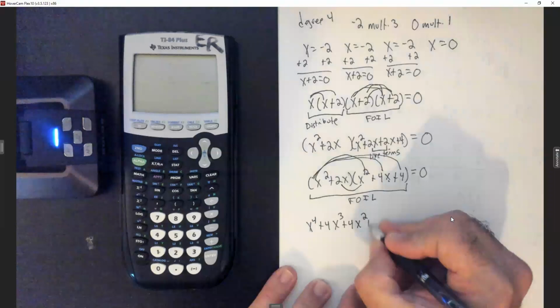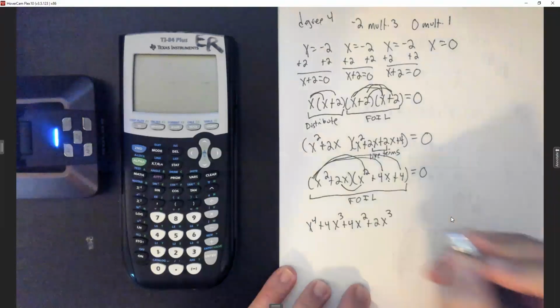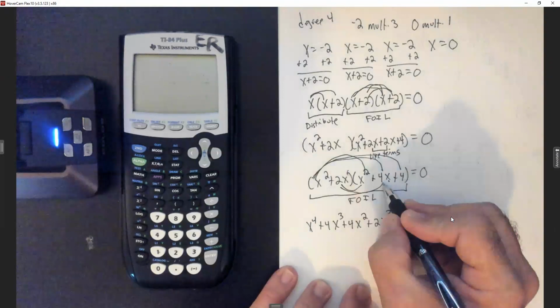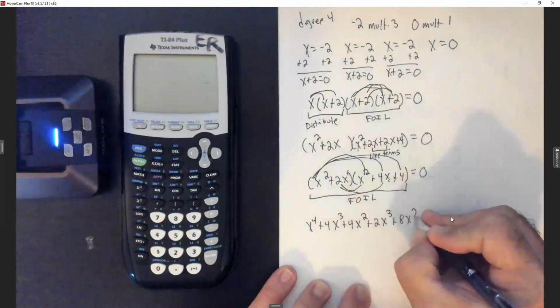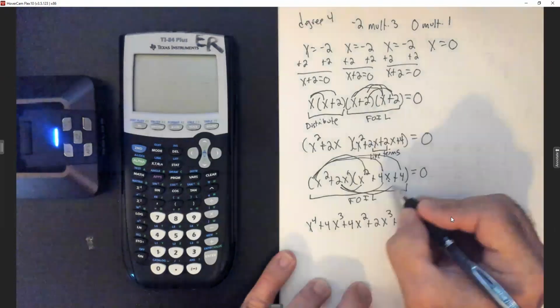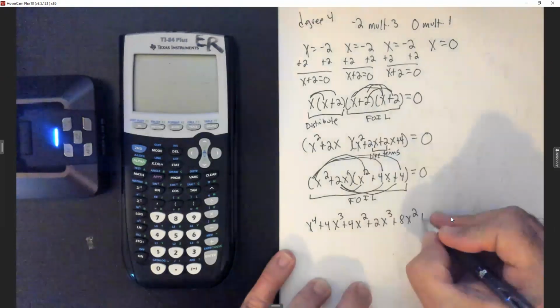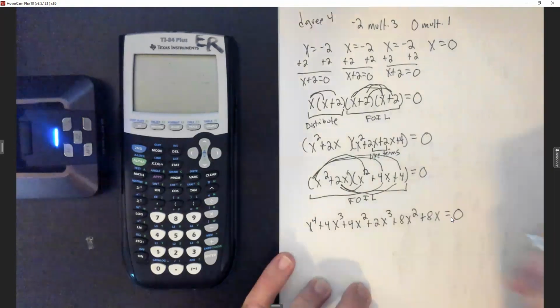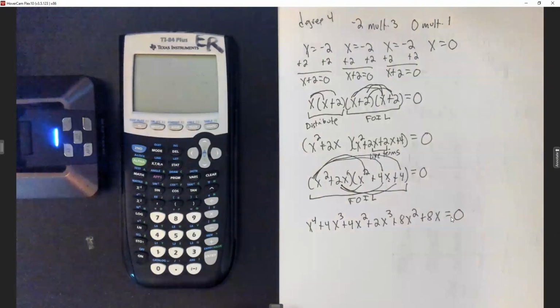So I'm just adding those exponents as I go. 2x times 4x is a 8x squared. And then 2x times 4 is a positive 8x. All equal to 0. So at this point, all you can do is add like terms. So the x to the 4 comes down.